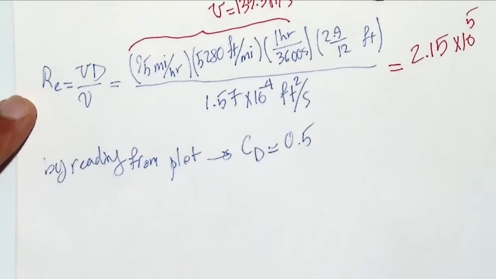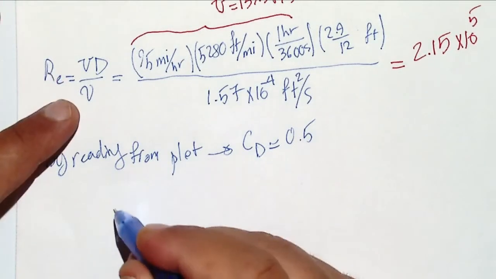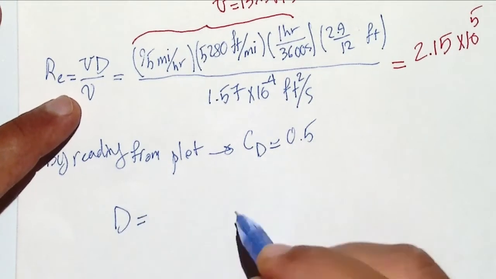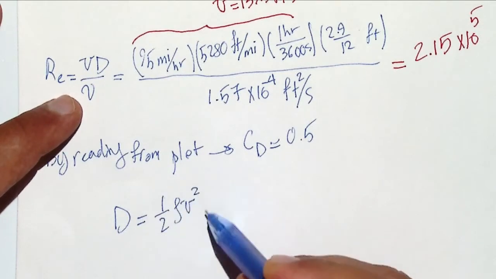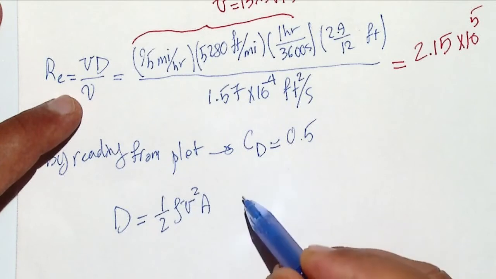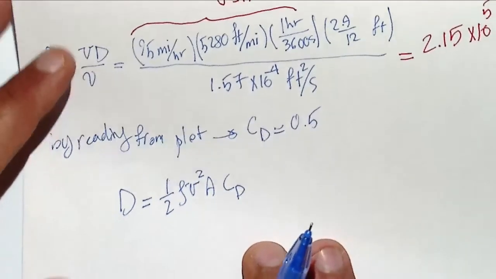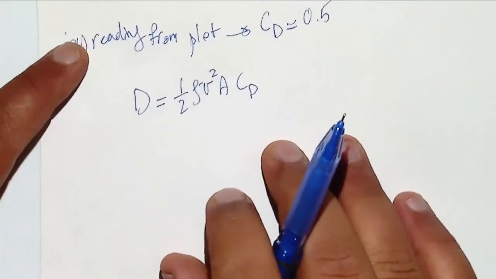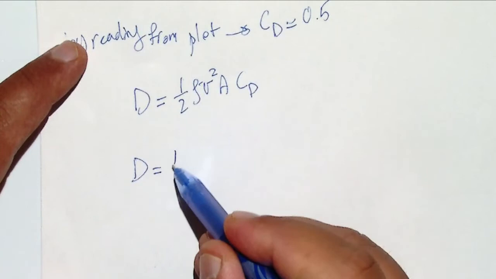So what would be the drag force? It asks you to find the drag force, right? So the drag force has an equation, which is that D is equal to 1 over 2 rho u squared times area times the drag coefficient. Okay, so D is going to be 1 over 2.